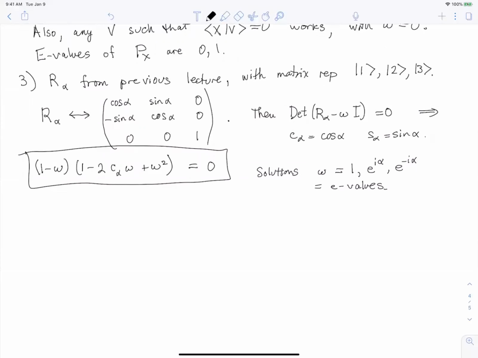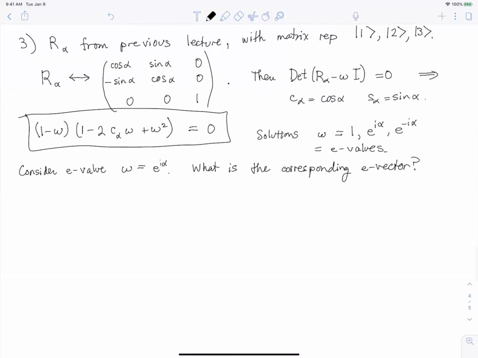Okay, and so now you can consider for each one of them in turn what the eigenvector is. So for the eigenvalue omega equals e to the i alpha, you ask what is the corresponding eigenvector. We're doing all of this in the representation form.